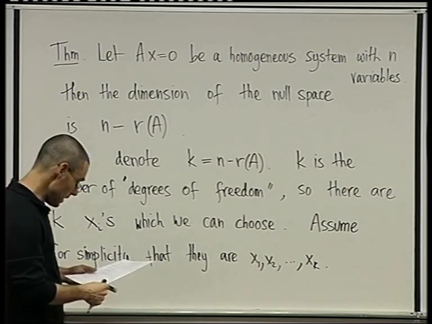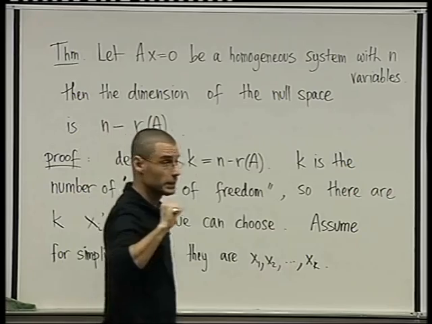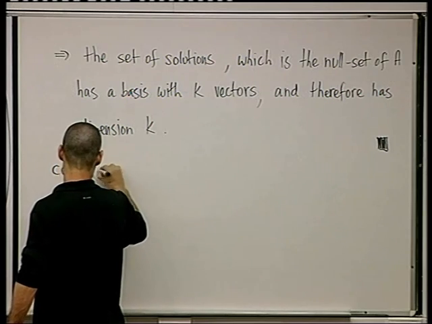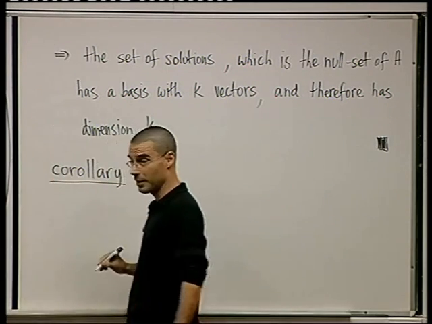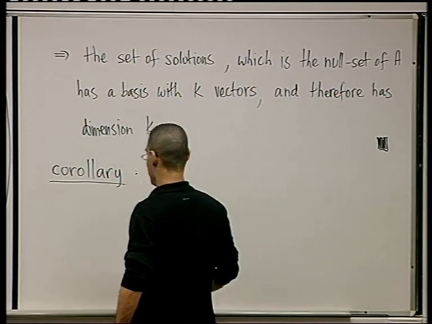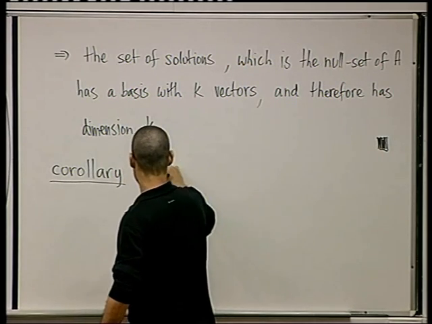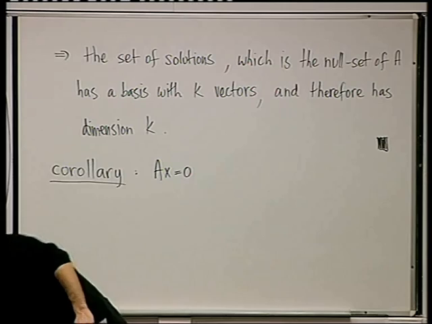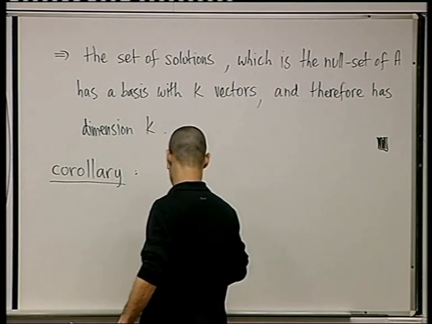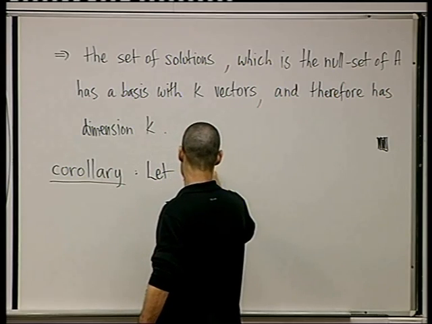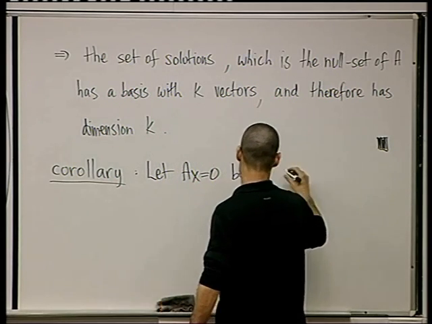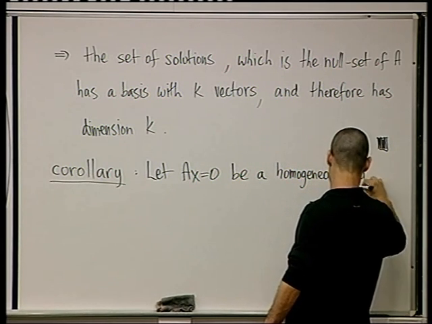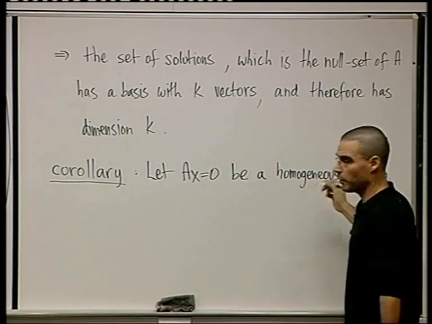Okay. So here's a corollary of this theorem. Corollary. Let Ax equals 0 be a homogeneous system with n variables.